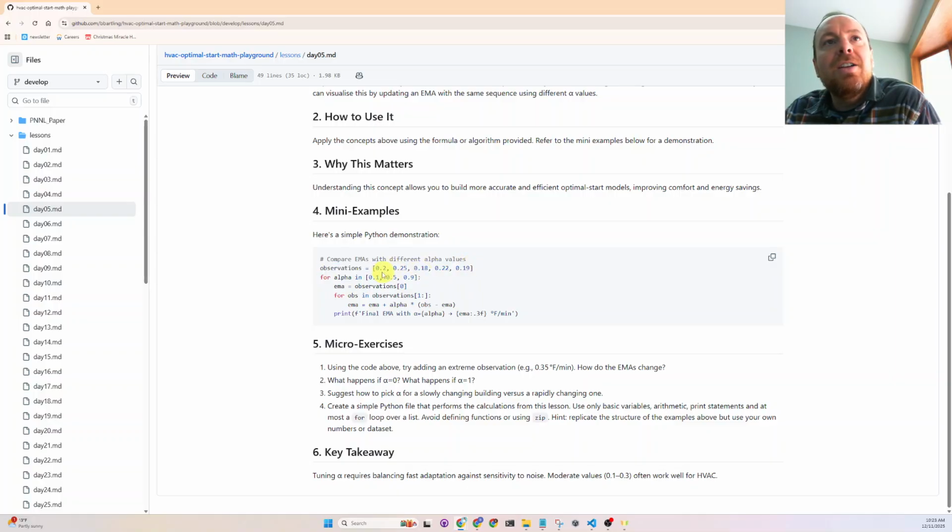Let's say these were cold days, and then there was a warm day where we only have 0.18 degrees per minute warm-up, and then we got cold again. If there are big fluctuations in occupancy or weather patterns, this will have different effects.